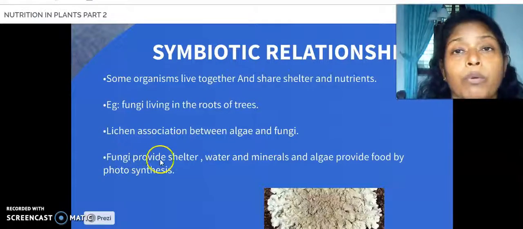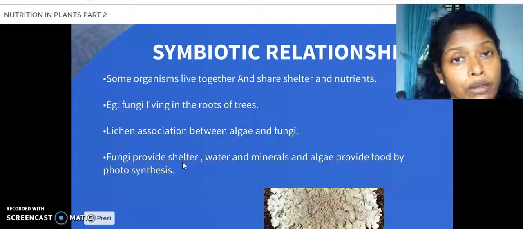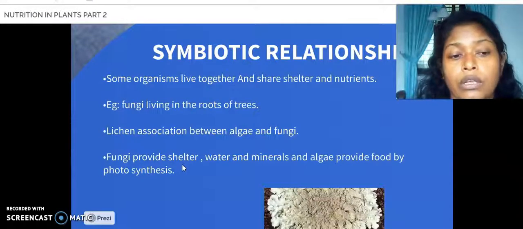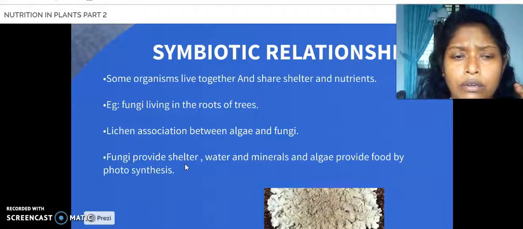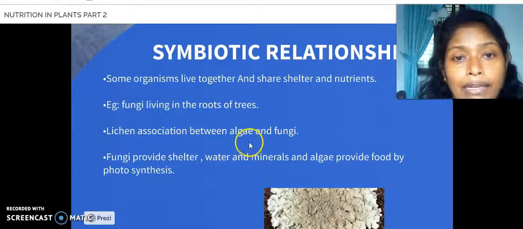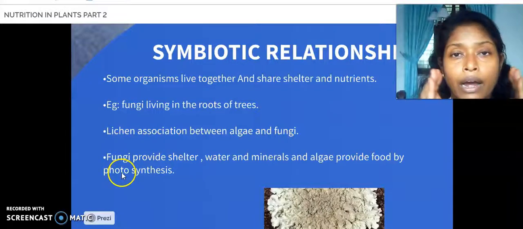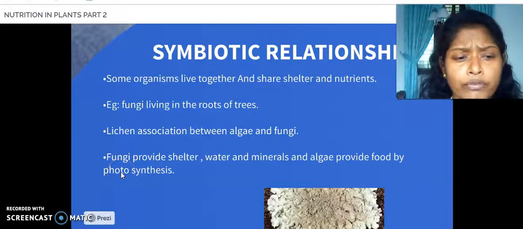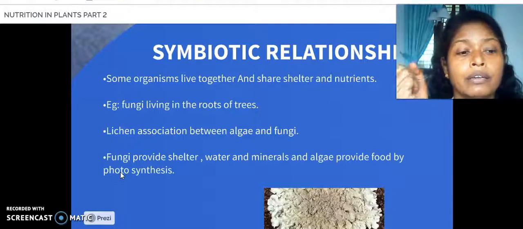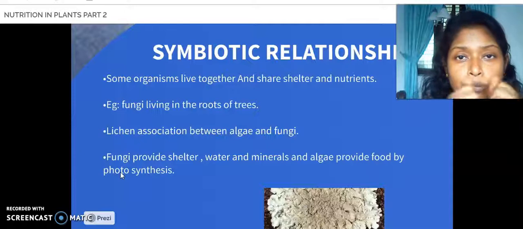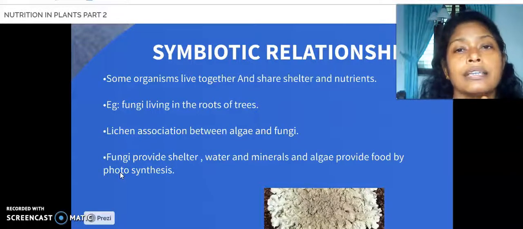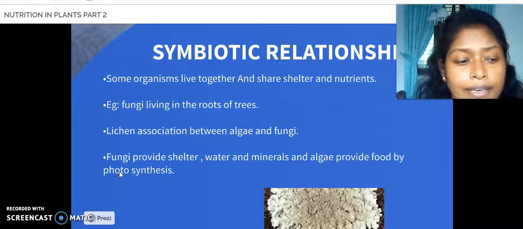Fungi cannot provide food, they depend on others for food, so they can provide only shelter. Shelter means home, water and minerals, whereas algae, because they are green in color, provide food by photosynthesis. So, understood the association? Fungi provide water, minerals and shelter. The algae provide food by photosynthesis. As both of them are together, this association is called lichen.